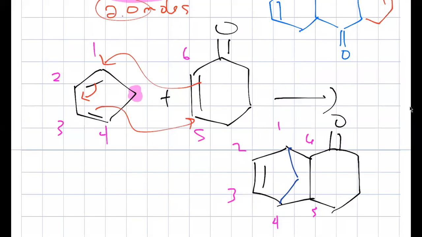Remember, anytime you're doing a 4 plus 2, your core structure is going to be a 6-member ring. So that's what we show here. This is our core structure for that 4 plus 2 cycloaddition. Whatever's attached to all that stuff, we just put it back in, right? Any questions?